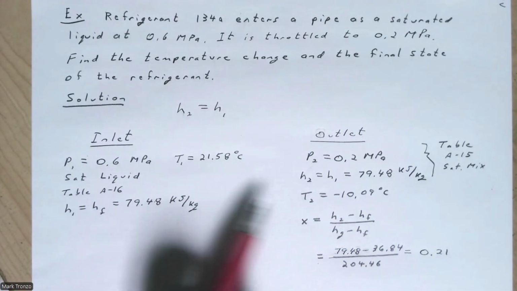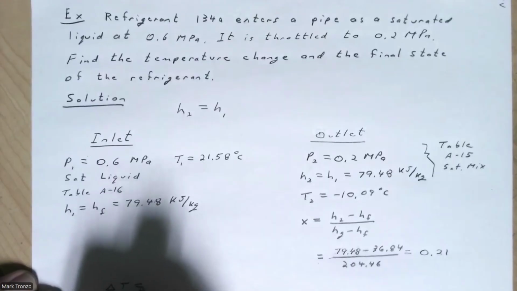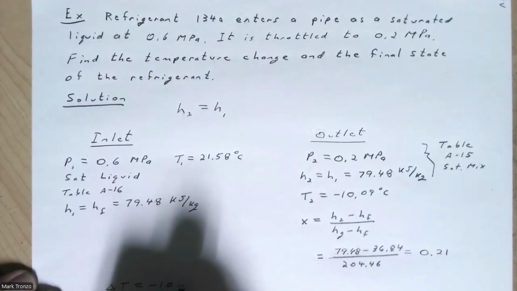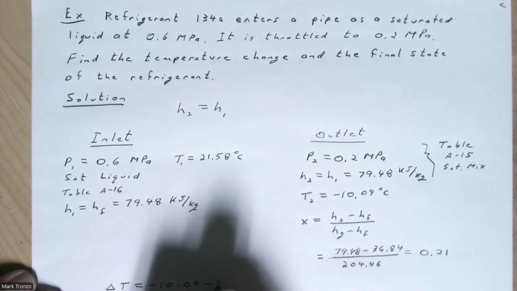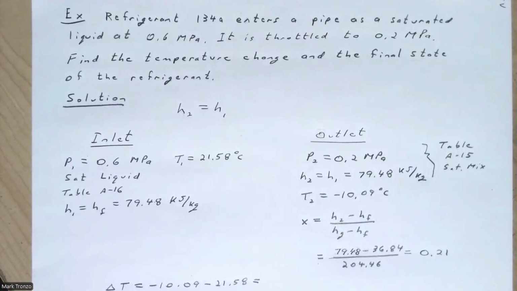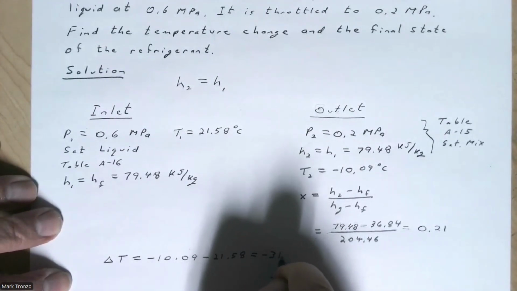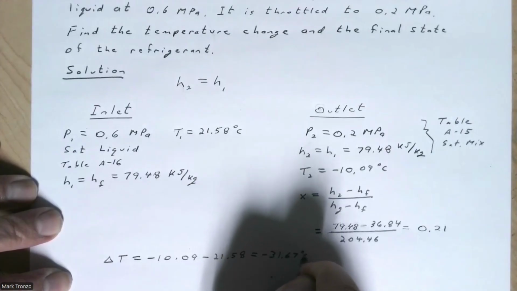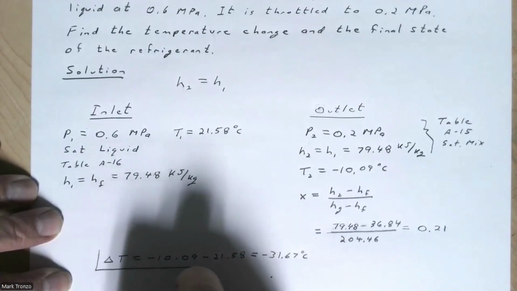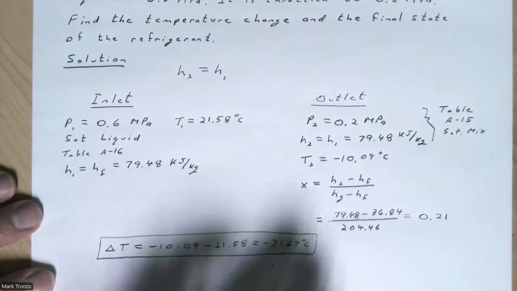Like I say, we found this here. So the temperature difference, it went from those values. Let me put that in my calculator. And that's 31.67 degrees C was the temperature difference, the outlet minus the inlet.